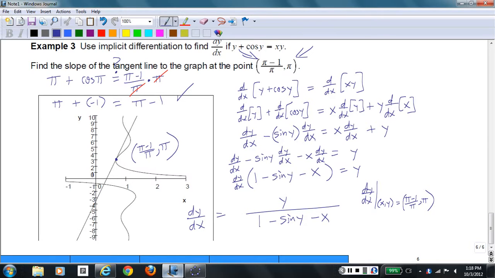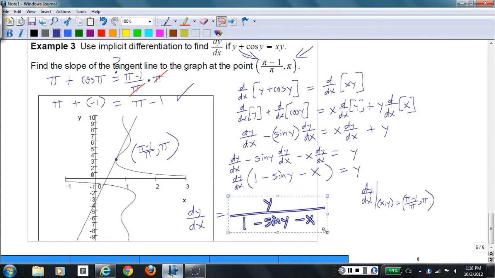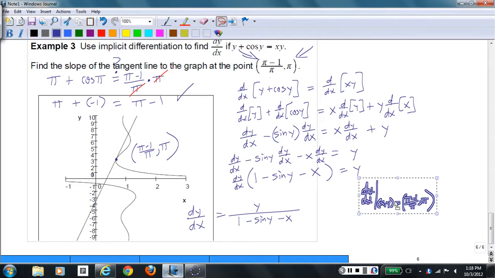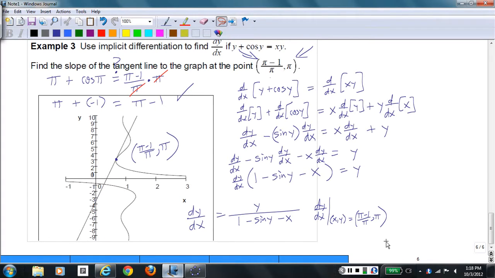Oh, I can scoot this over. Shrink it just a bit. And then this over there. So dy/dx, where (x, y) is that point, is equal to pi over 1 minus sine pi minus (pi minus 1)/pi. Substituting pi for y, (pi minus 1)/pi for x. Let's see what we get.